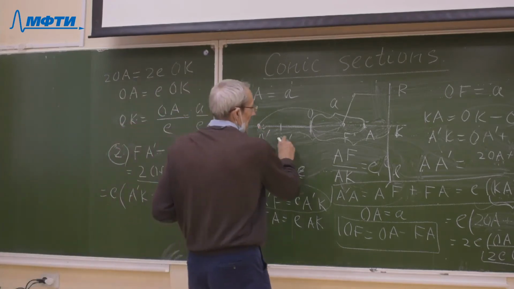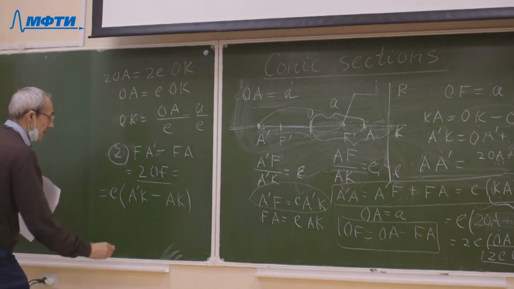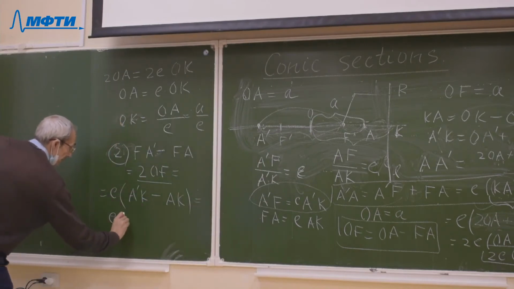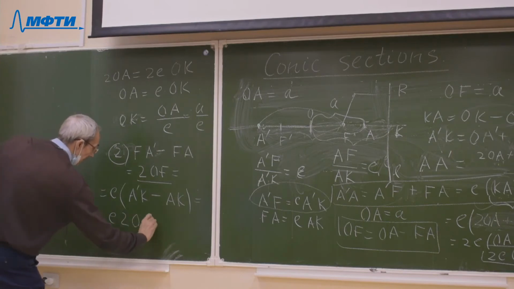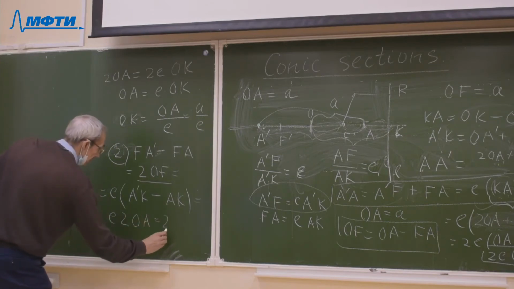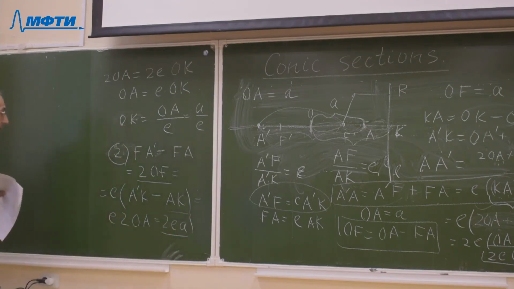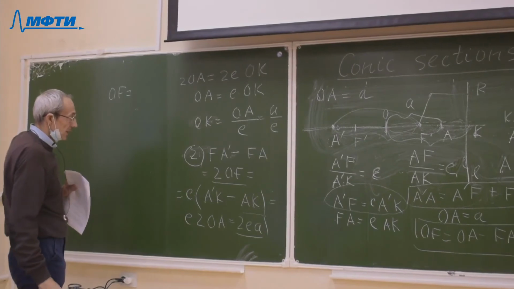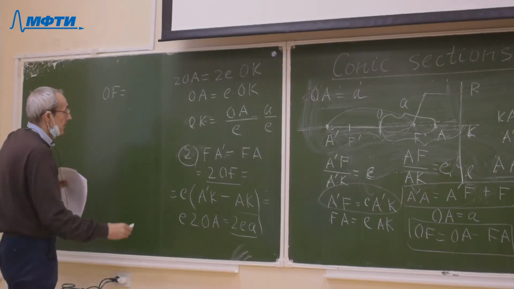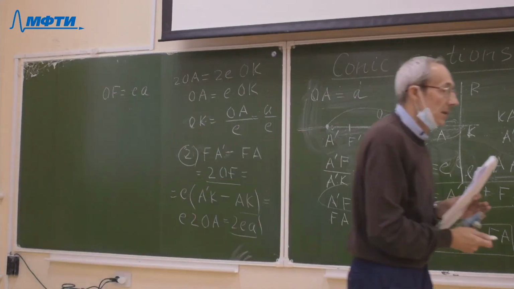A prime K minus AK is equal twice OA, is equal twice ea, and we obtain OF is equal ea.